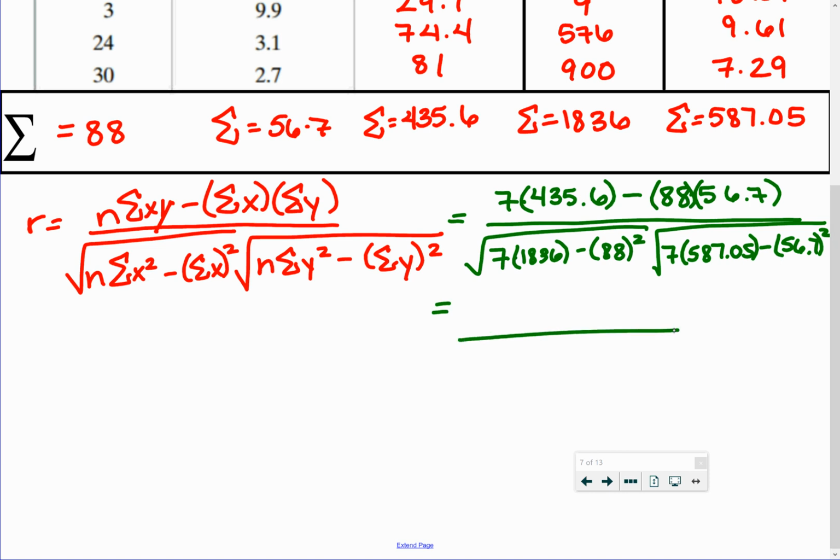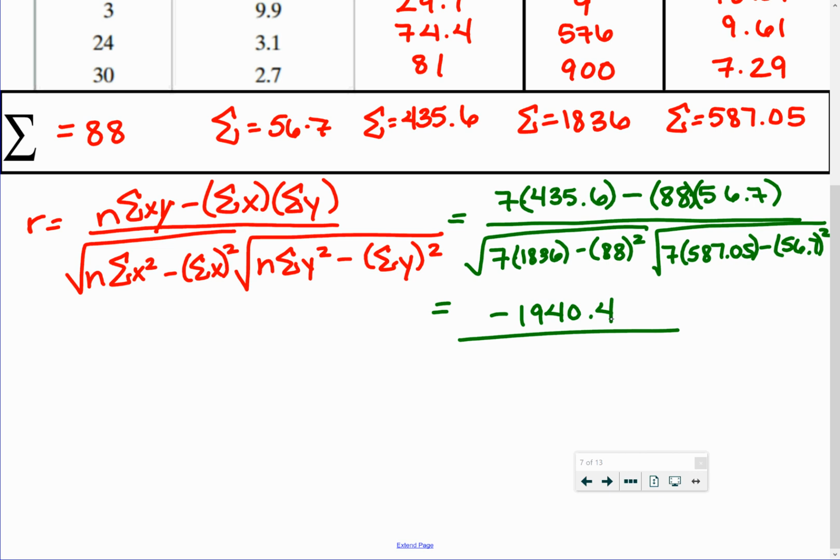Then we're just going to do numerator and denominator separately. Divide last. You should be able to, in either this calculator or the red calculator, just type the lines in all at once. So on top, 435.6 times 7 minus 88 times 56.7, we get negative 1940.4.